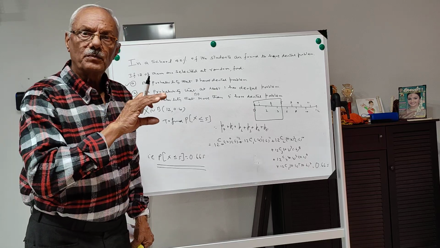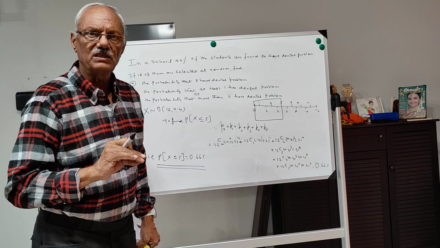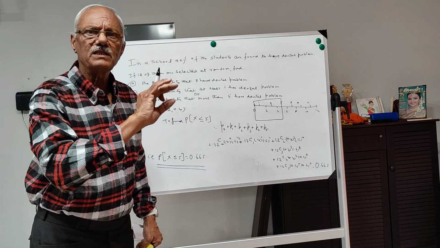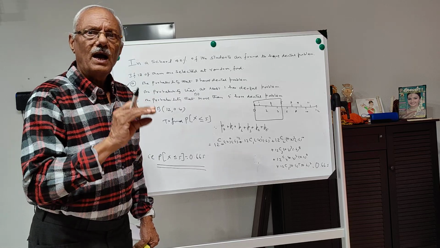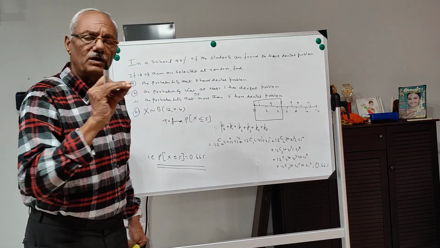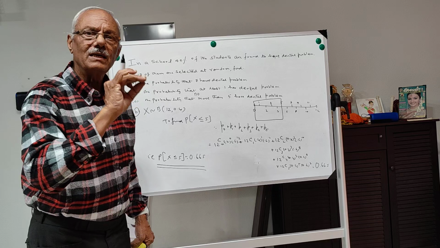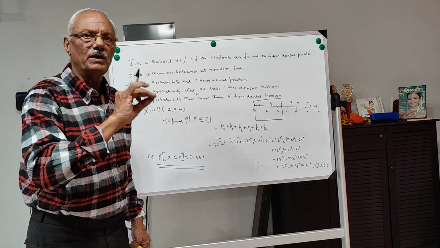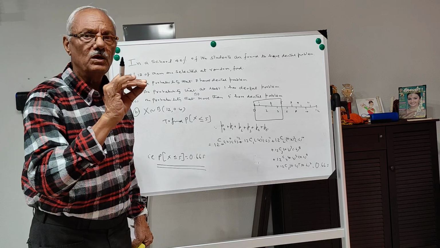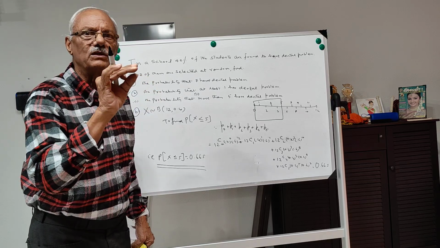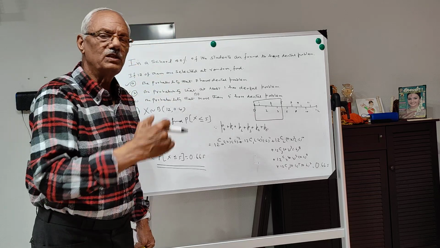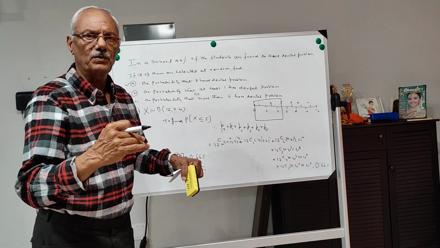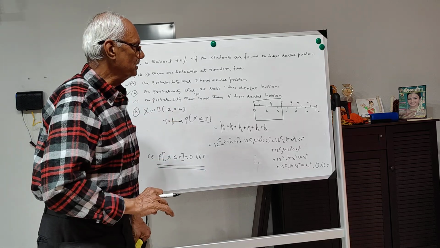You must know how the probability mass function is written, the parametric representation of the binomial distribution, and the mean of the binomial distribution, NP, and the variance, NPQ, where P is the probability of success and Q is the probability of failure. If you know this, according to the problem, you can manipulate and start doing the problem. So with this, I solve this problem.